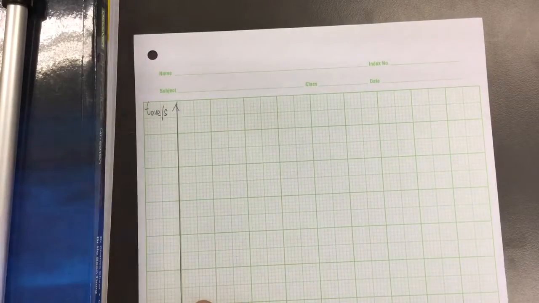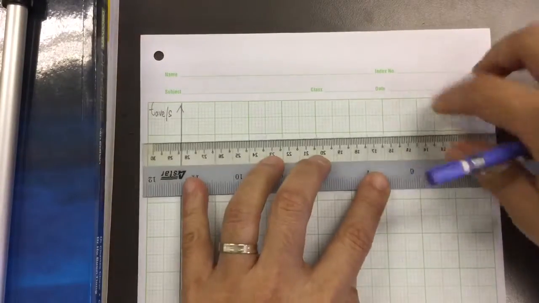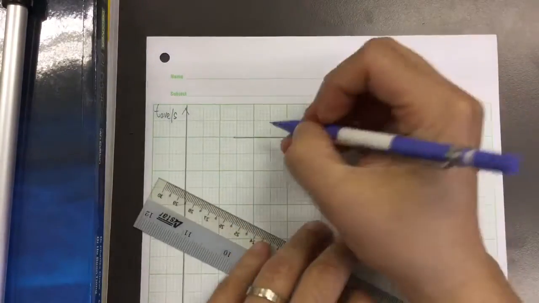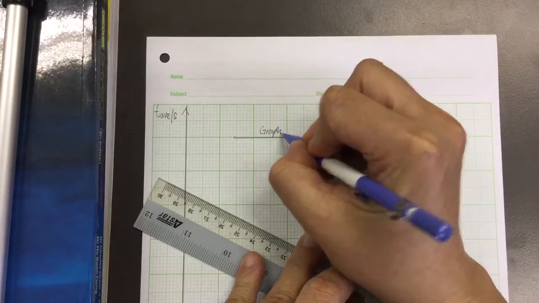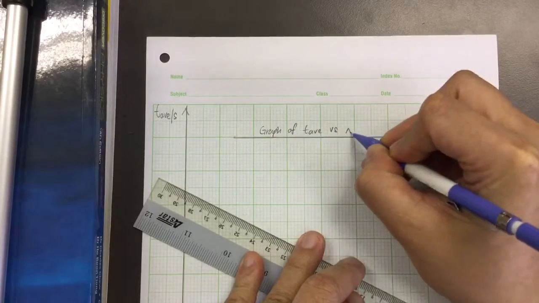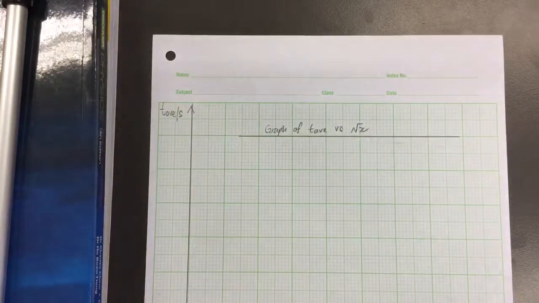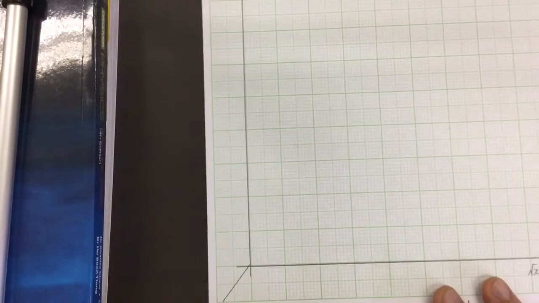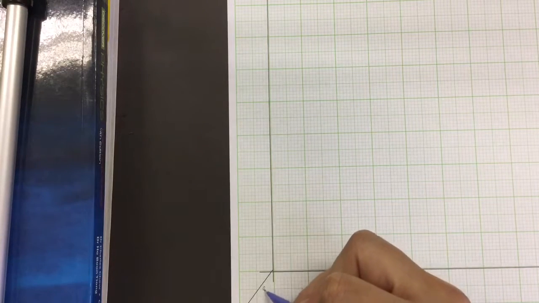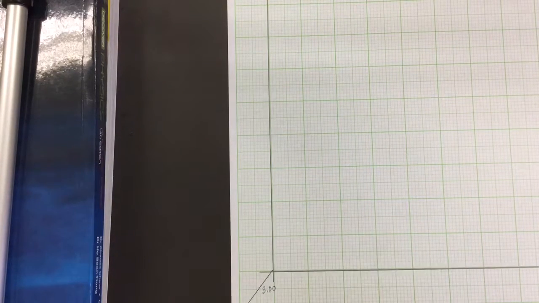Now remember to include the title of your graph. In this case, it is graph of t average versus square root of x. Next, look at your value for x, square root x. Your starting value is 3.